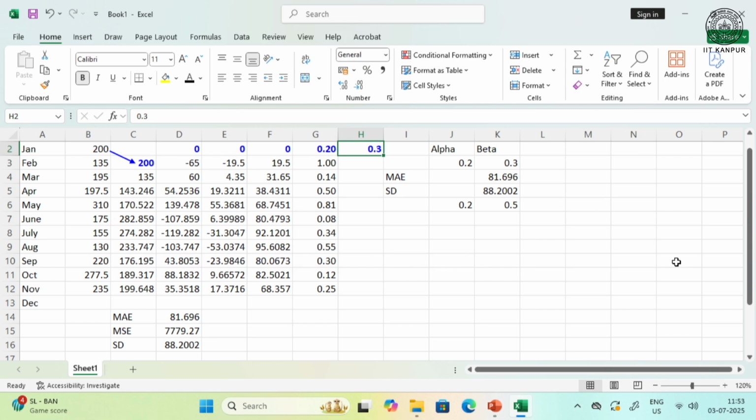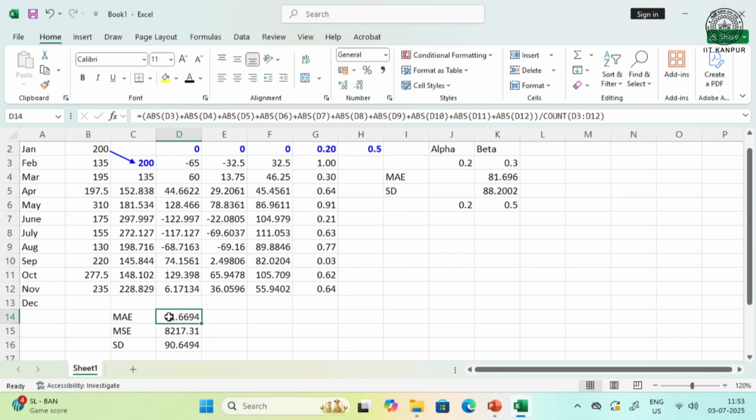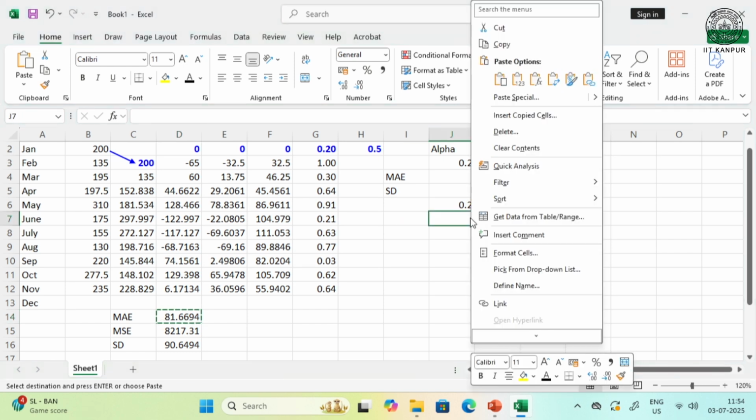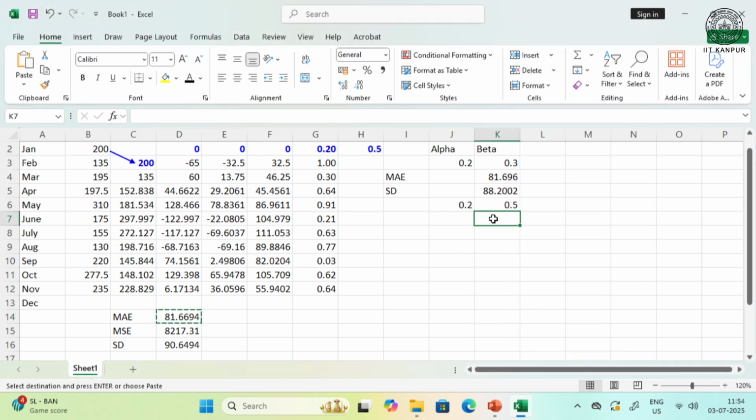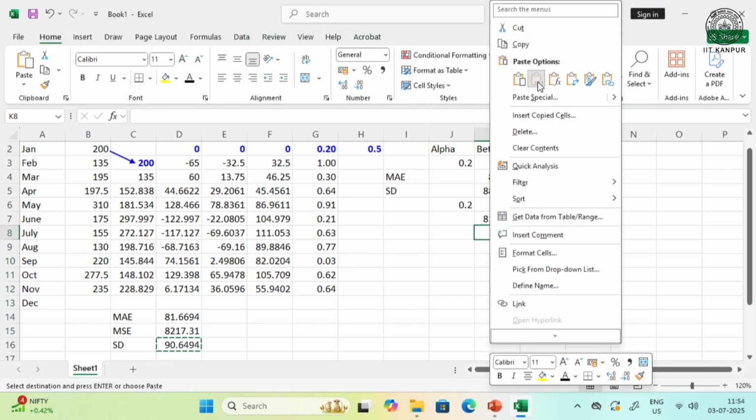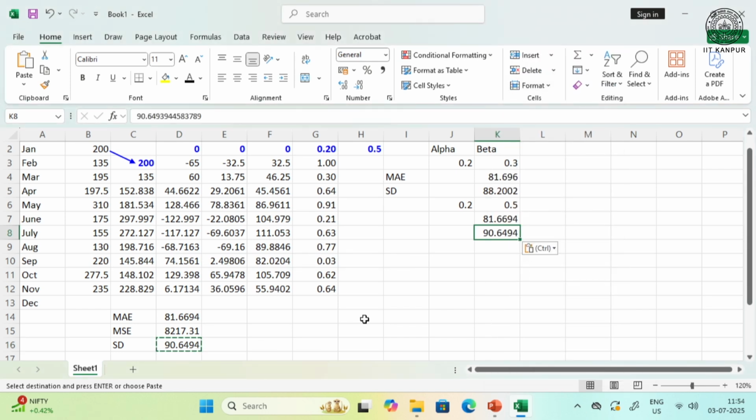I change 0.5 beta here and the mean absolute value is now 81.6694. It was 89.696, now 89.6694, and the value of this remains the same.